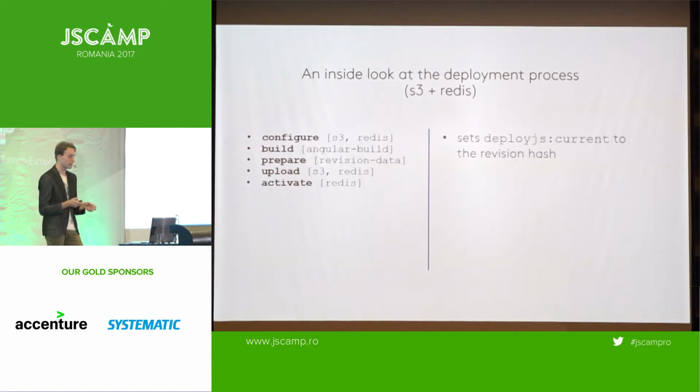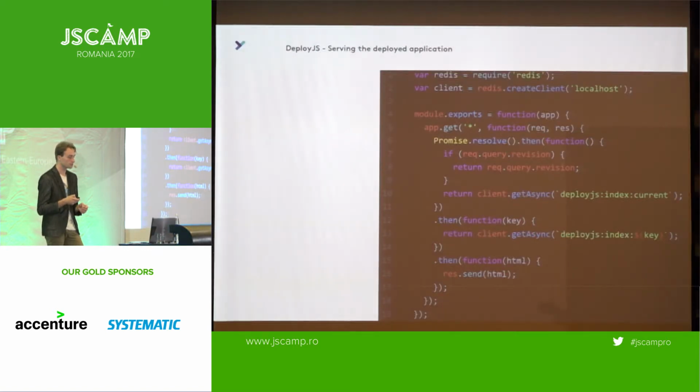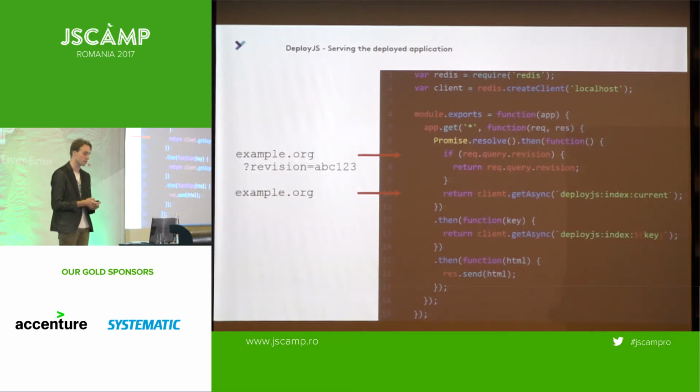In the last hook, in the activate hook, it sets DeployJS current to that specific revision hash. So then if you would go on the browser and request example.org?revision=ABC133, it would get the specific index.html that is stored in Redis and serve that to the client, which points then to S3.